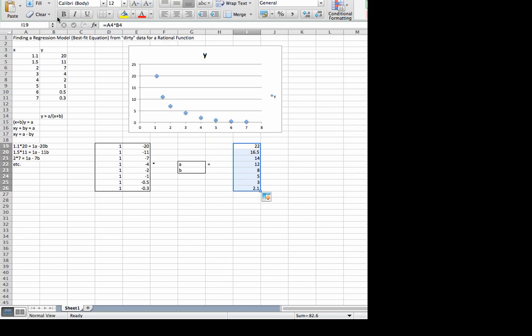So here we have our original matrix equation.